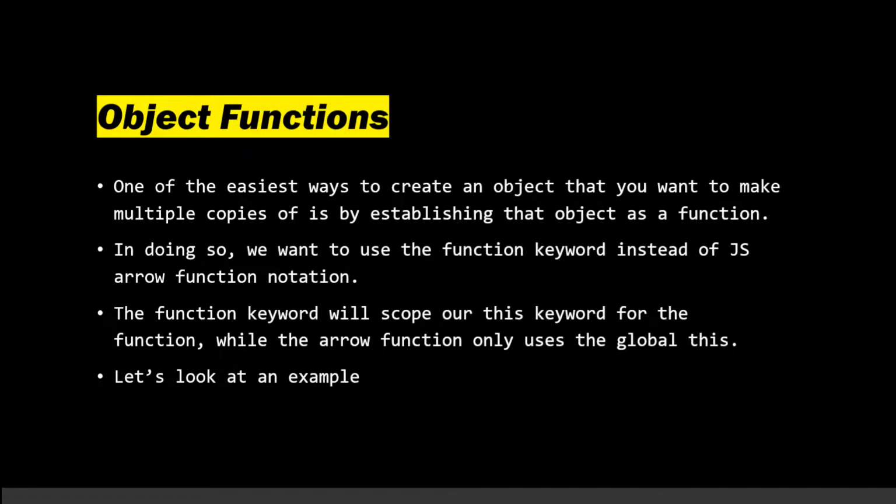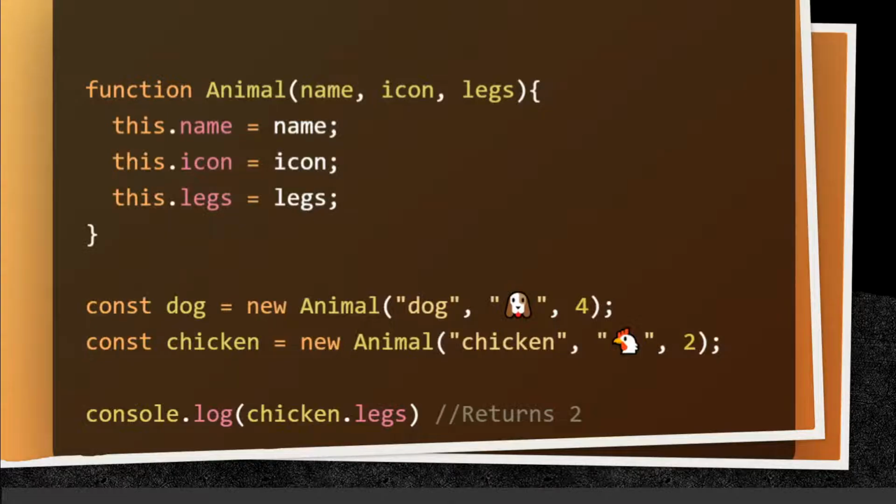So let's look at an example here. We'll do something very similar as our example, and we'll build it into a website. What we can see here is we've created this structure called animal.